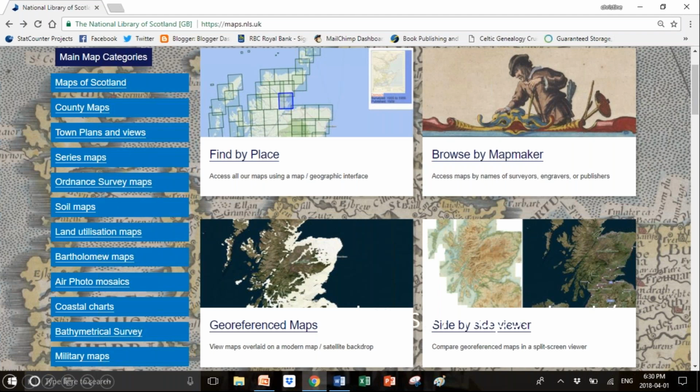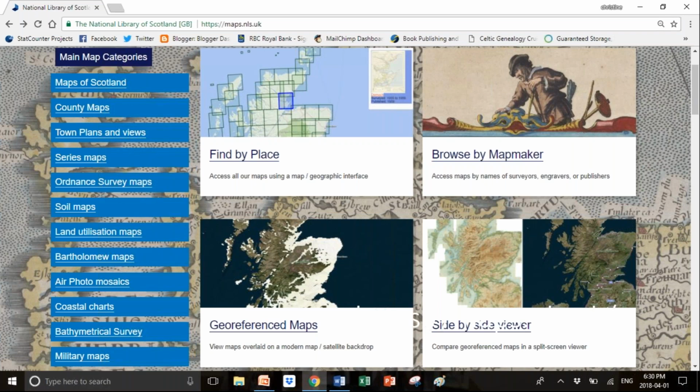There are ordnance survey maps, there are coastal maps, and there are military maps, where the English sent Roy out after the Battle of Culloden to map the roads up into the Highlands, seeing that the Highlanders had an absolute advantage in knowing their way around there and the English didn't.